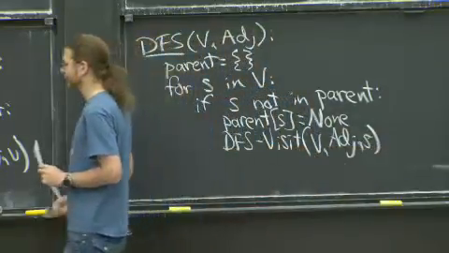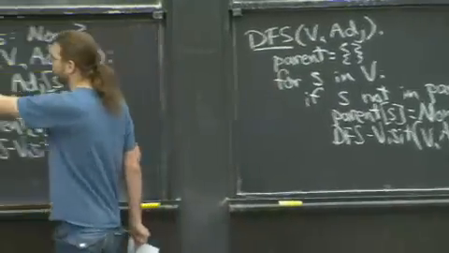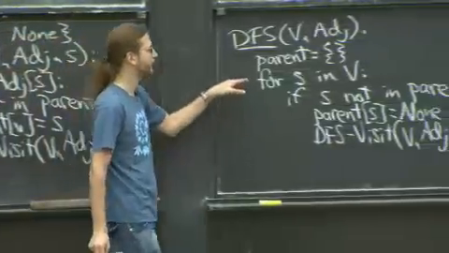So it looks almost the same, but what we're iterating over is different. Here we're iterating over the outgoing edges from S. Here we're iterating over the choices of S.